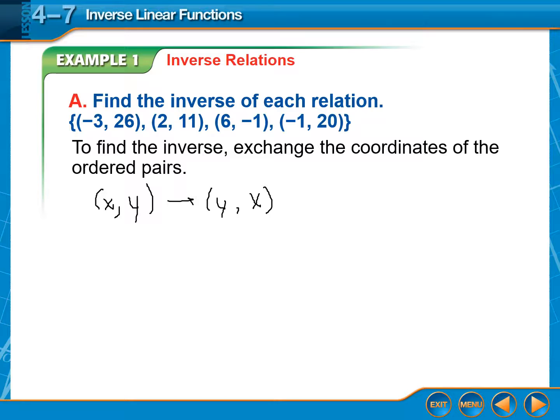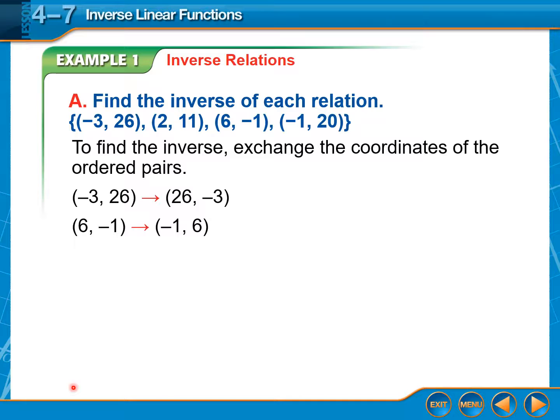So in this example, take -3, 26; 2, 11; 6, -1, and just switch the locations of those x and y values. So -3, 26 becomes 26, -3. 6, -1 becomes -1, 6. 2, 11 becomes 11, 2.